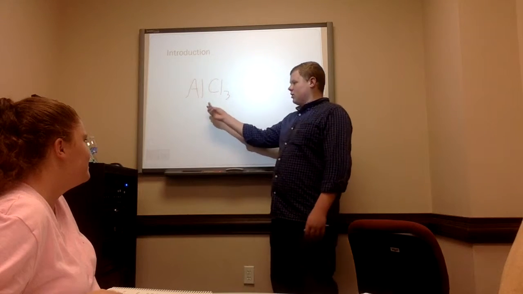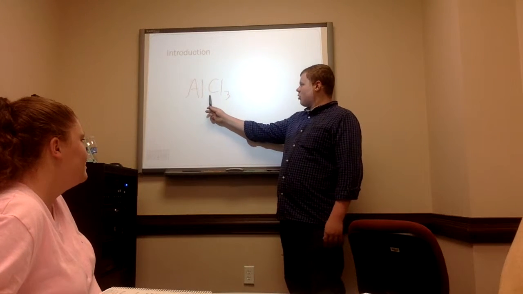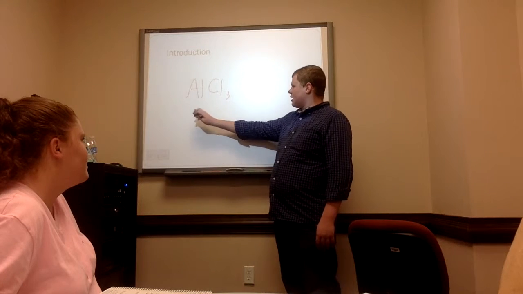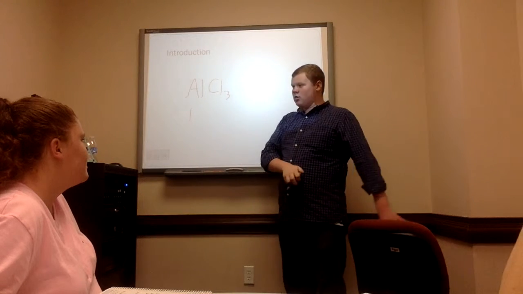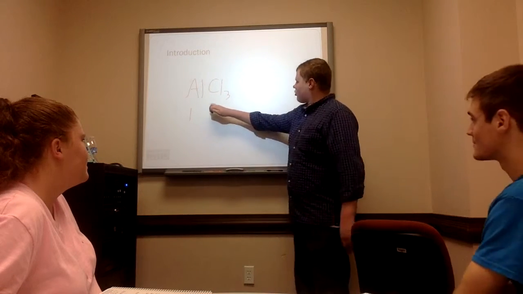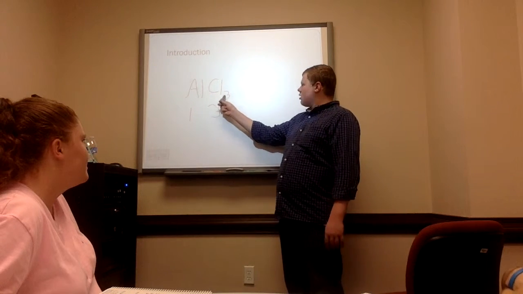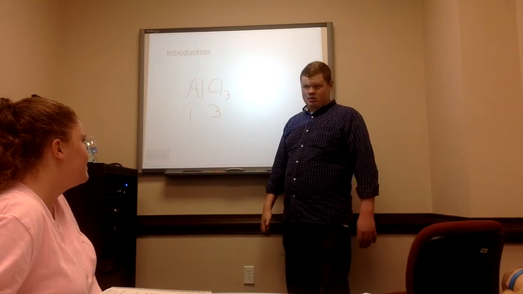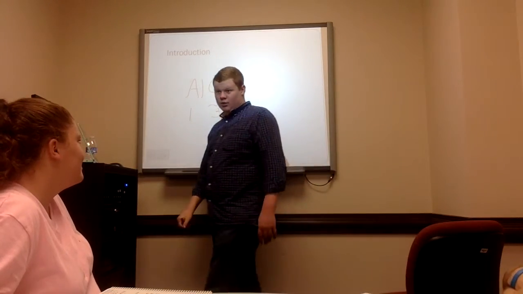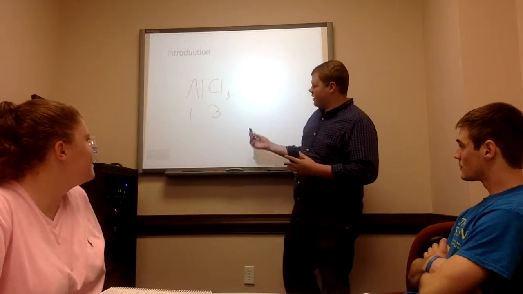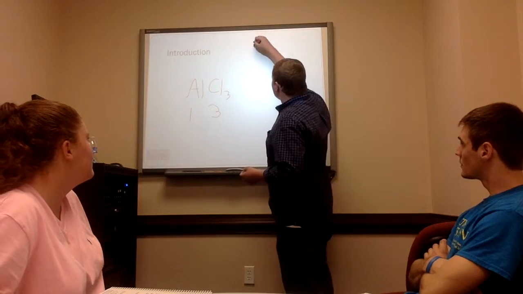Each molecule of aluminum chloride is composed of exactly one aluminum atom and 3 chlorine atoms, which you learn from the subscripts, right? Are you following me?